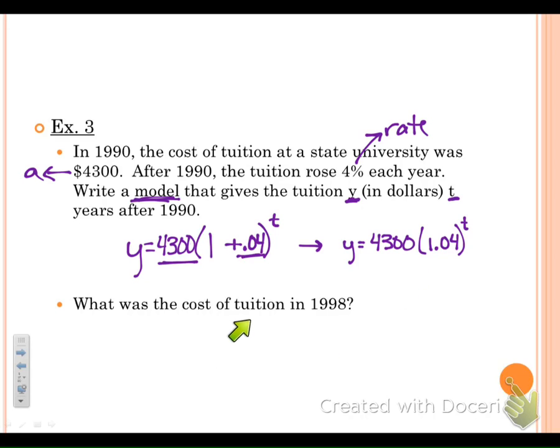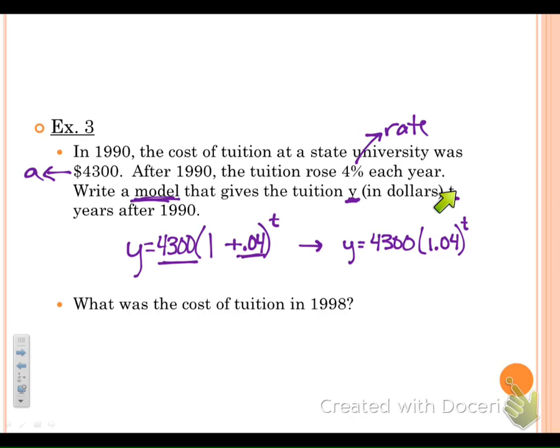Using this equation, we're going to figure out the cost of tuition in 1998. Notice how in this model it says T years after 1990. So how many years after 1990 is 1998? By the way, this question is not in your notes. You need to write it if you haven't done so already.